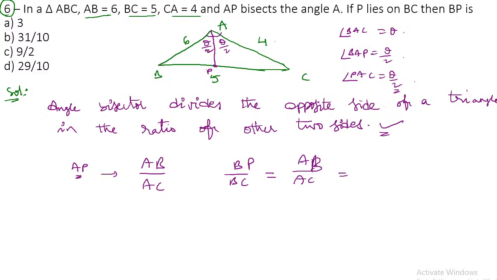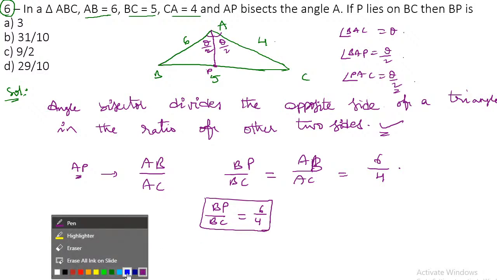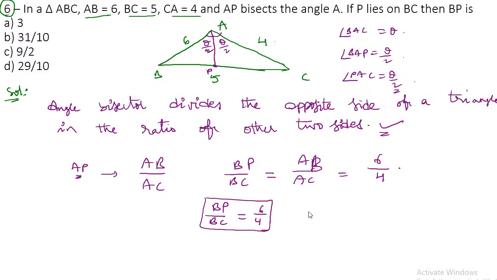AB is 6 and AC is 4. So we get BP by PC is equal to 6 by 4. Now we are given that BC is equal to 5.